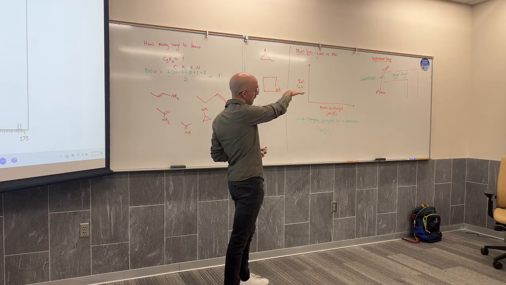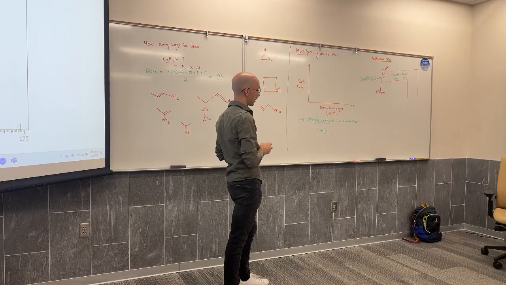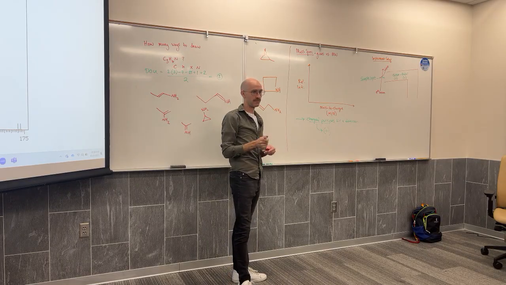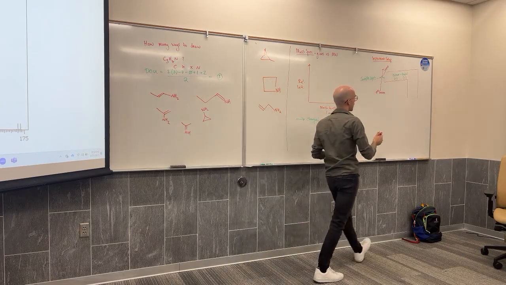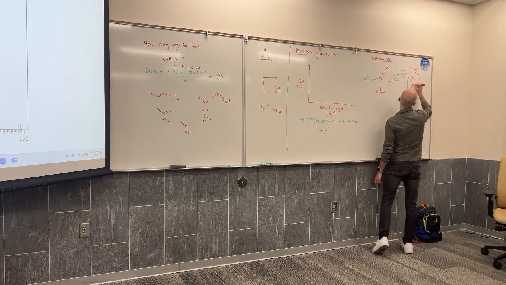So your sample gets input, you generate a cation and a radical from this electron beam, and then that cation and radical are subjected to a magnetic field. I'm going to show this magnetic field bending along this 90-degree turn.